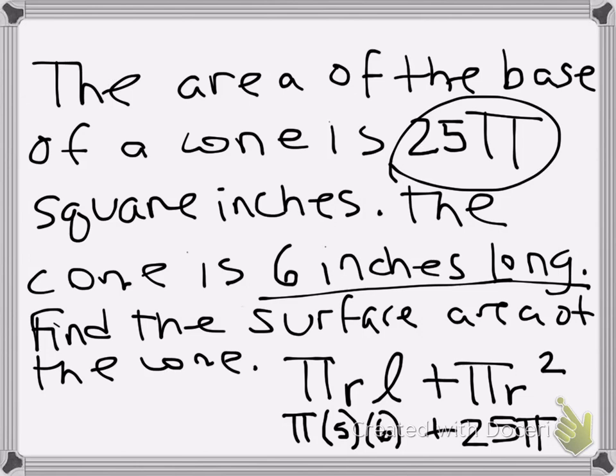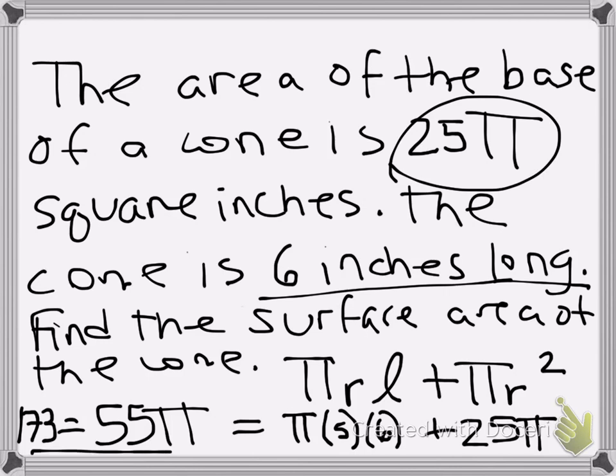And then if we solve, we get 30 pi plus 25 pi, which equals 55 pi, and we can either leave it in terms of pi or we can actually multiply 55 times 3.14, which is going to give us a decimal of about 172 or 173 if you want to round.